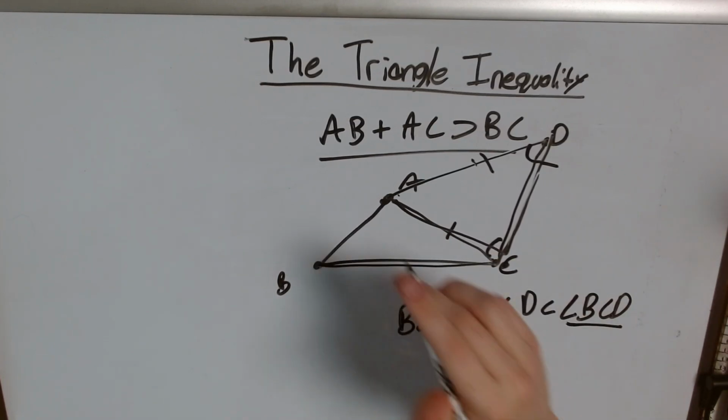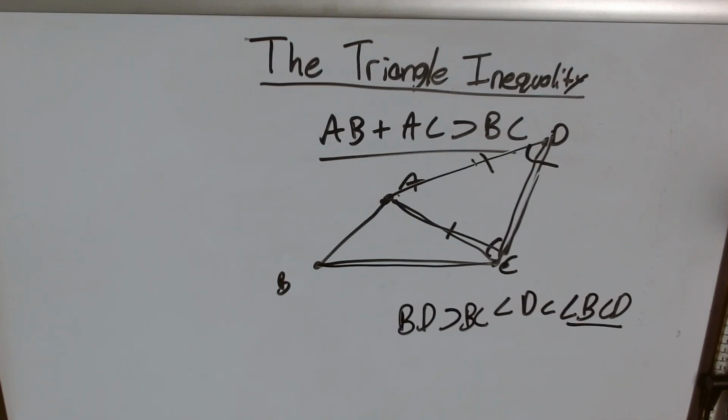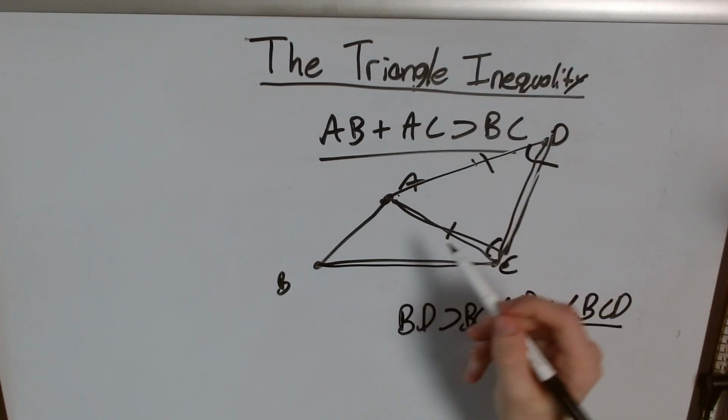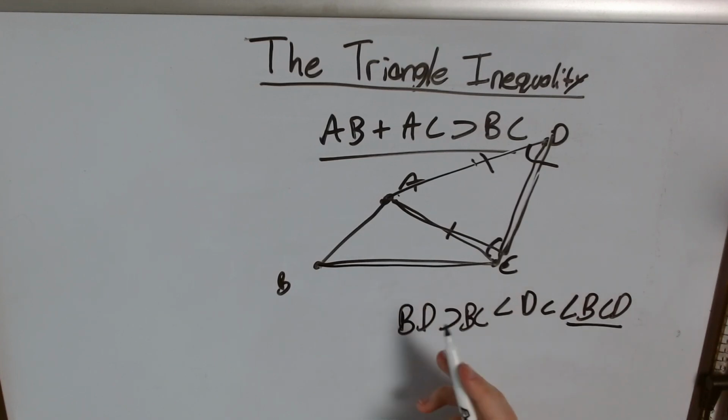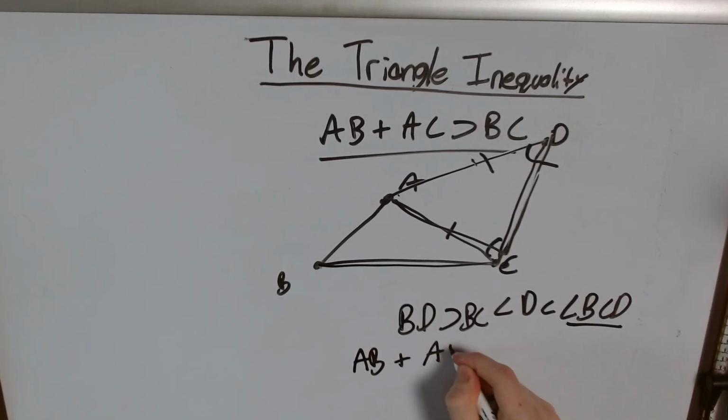But this doesn't help us get to that. That's clearly not what we want. Well, look at BD. What is BD? Then it's AB plus AD, and that's greater than BC.